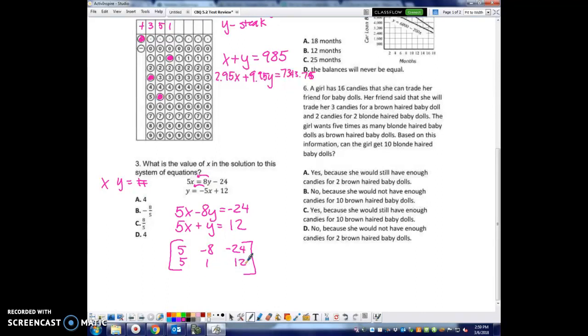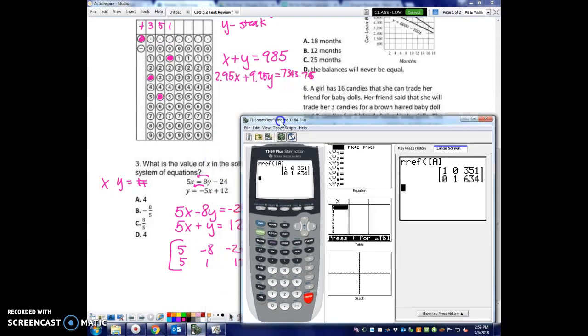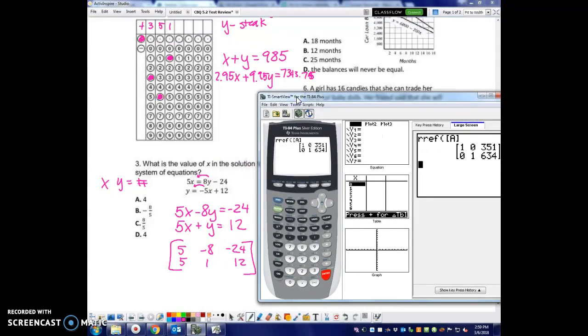Okay, go to second matrix, over to edit, 2 by 3, needs to be 5, negative 8, negative 24. And then 5, 1, 12. Then quit.